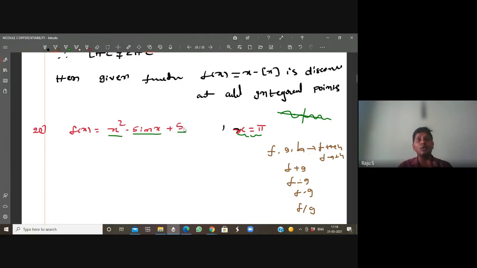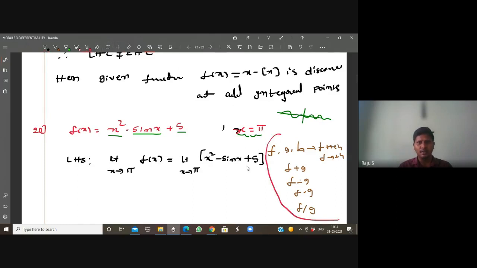But mathematically, how to write? If they give 2 marks here, first use the first formula. What is LHS? LHS means limit x tends to pi of f of x, which is limit x tends to pi of x square minus sin x plus 5. Now substitute pi in place of x.